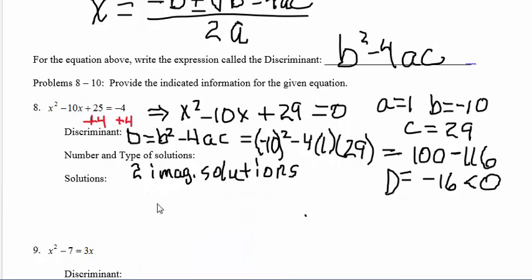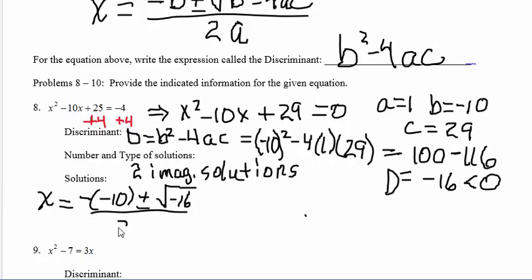And we can go ahead and find the solutions. Remember, x is minus b, so that's minus negative 10, plus or minus the square root of my discriminant, which is the square root of negative 16, over 2 times whatever my a is. So this is 10 plus or minus the square root of 16 is 4.